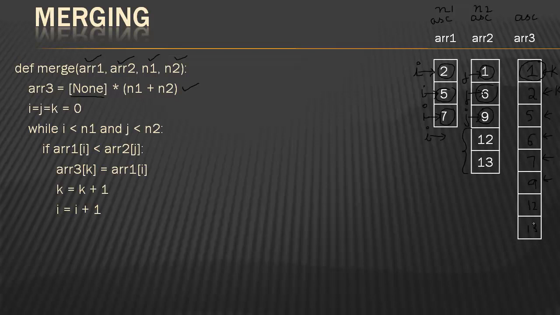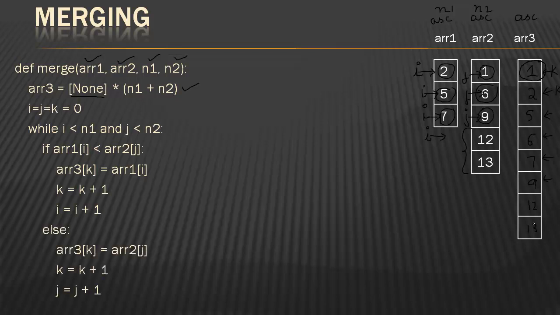So can you see I am comparing the ith element in ARR1 with the jth element in ARR2, and whichever is lesser I'm transferring it to ARR3. So in this scenario, ARR1 happens to be less. So you transferred the contents of ARR1 to ARR3 and incremented k and incremented I.